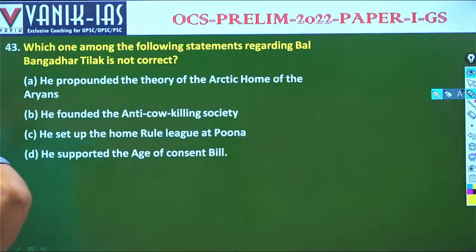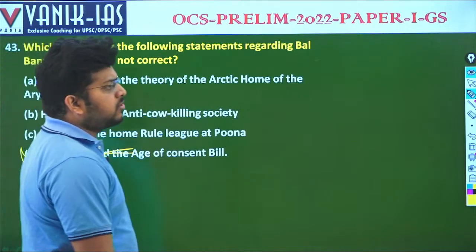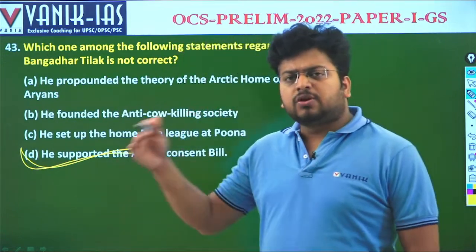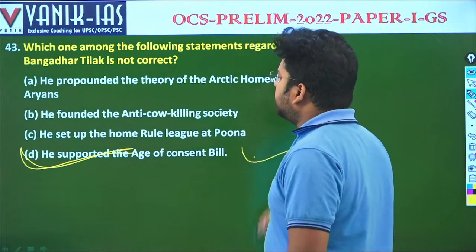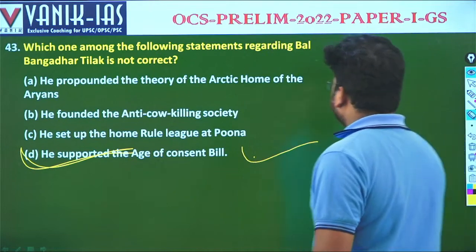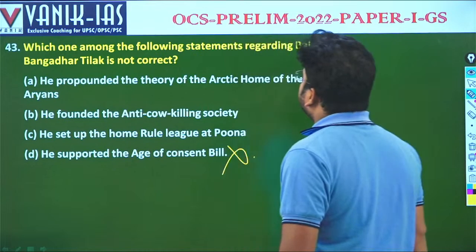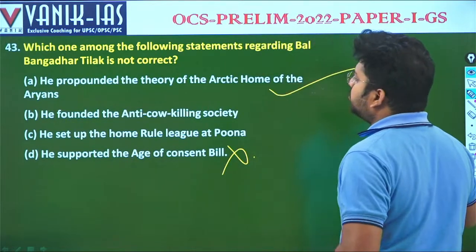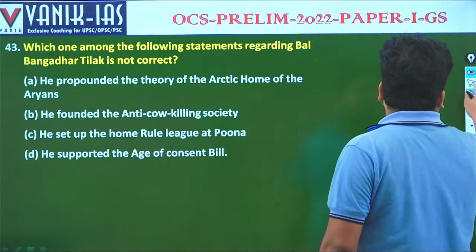He opposed the Age of Consent Bill, right? This is not correct. He opposed the Age of Consent Bill that increased the marital age from 10 years to 12 years. He opposed it. That is incorrect, so that is the answer. Rest all are correct. So D is the answer. Arctic home of the Aryans, he founded the Anti-Cow-Killing Society, Home Rule League in Pune. Okay.